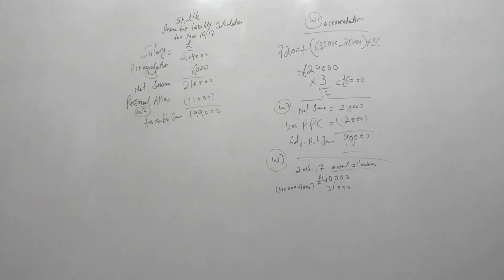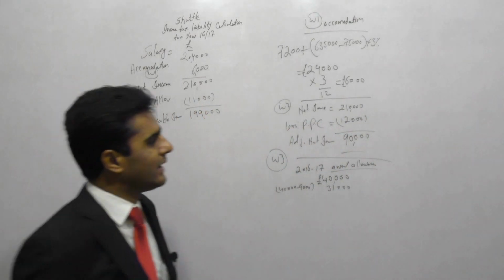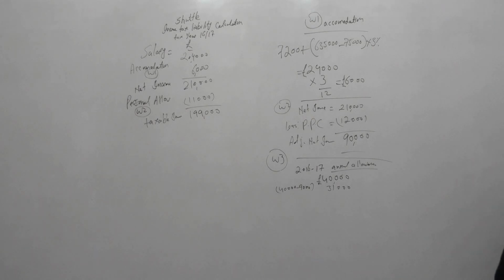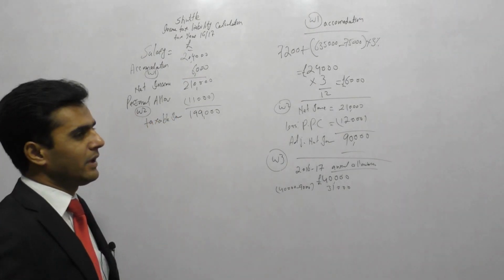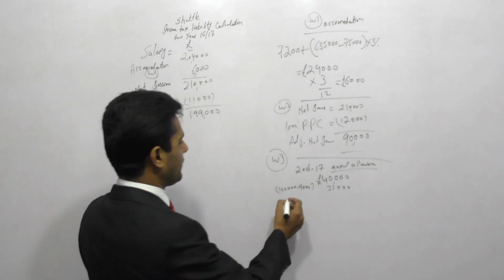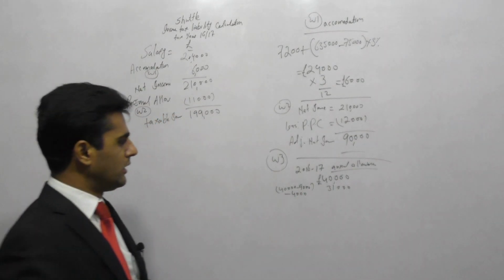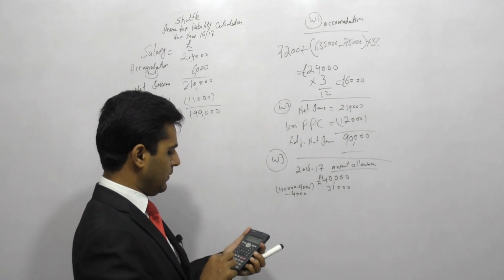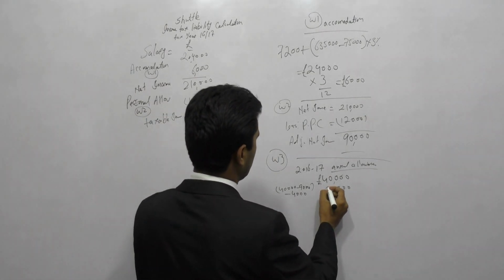Now read the contribution which the employer is giving to the employee, £4,000. Please read it carefully. It says D Limited contributes £4,000 to the scheme in each tax year. When it says in each tax year, it means he is contributing every year. So I will have to deduct that £4,000 as well. So again £40,000 less £9,000 less £4,000, so it is going to be £27,000 instead of £31,000.